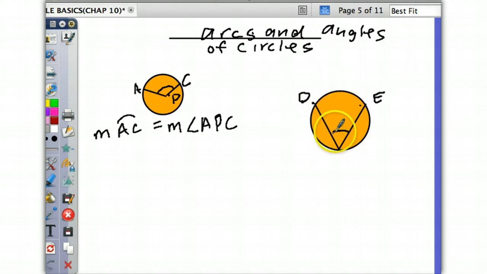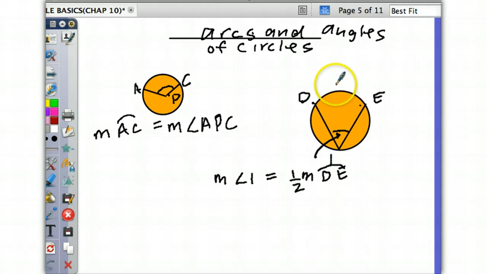And you can see that this angle is going to be much smaller than if the angle were at the center, right? Yes. So the relationship between the two is as follows. This angle, let's say angle 1, the measure of angle 1, is going to be 1/2 of the measure of arc DE.